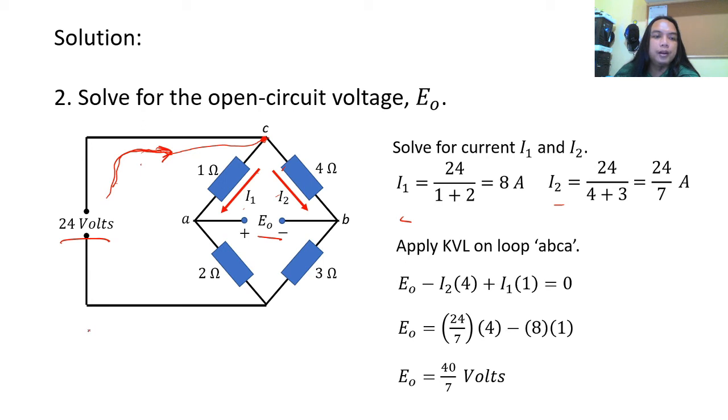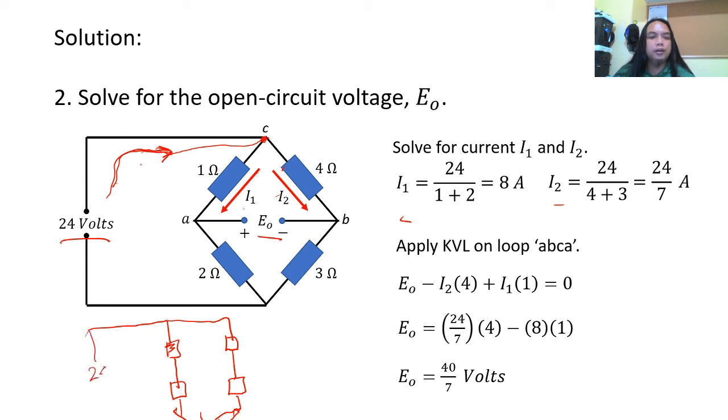We can get those values because this is parallel. If we redraw the circuit, we have 24 volts, 1 ohm, 2 ohm, 4 ohm, and 3 ohm.